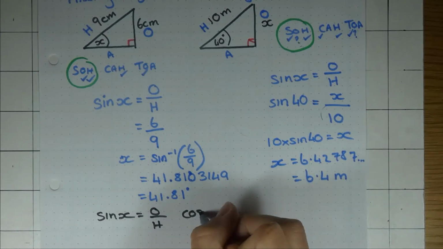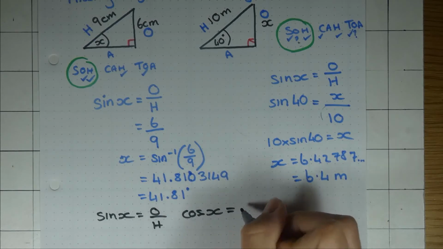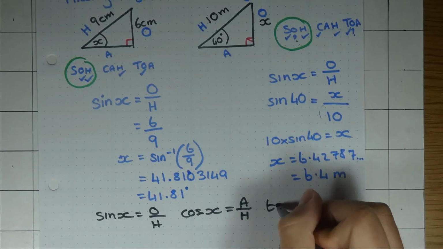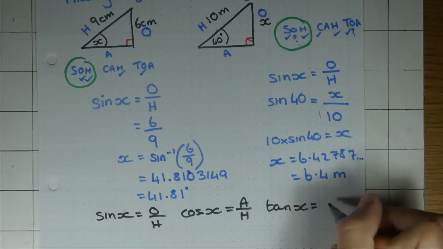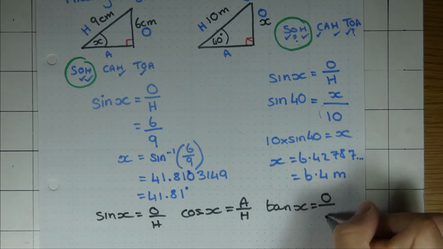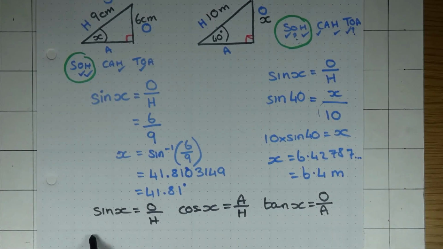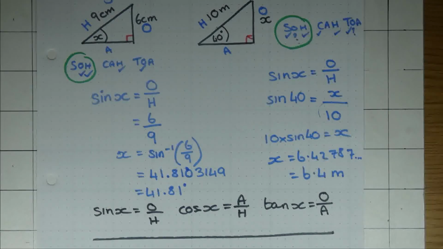We have cos x is equal to adjacent over hypotenuse, and we have tan x is equal to opposite over adjacent. And if you've got that information and you're happy with it, that's the revision of SohCahToa for you.